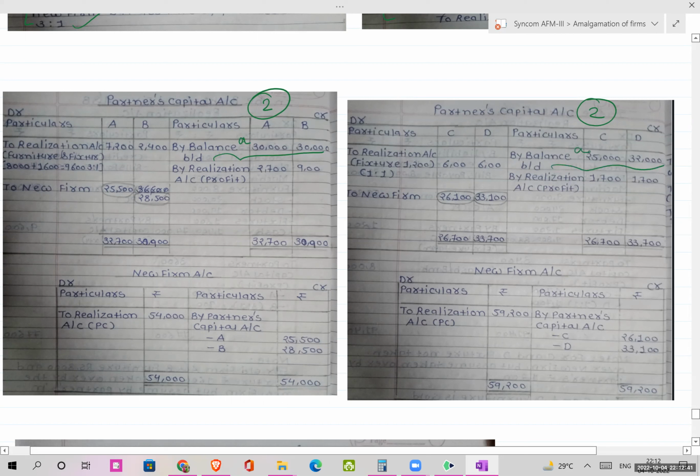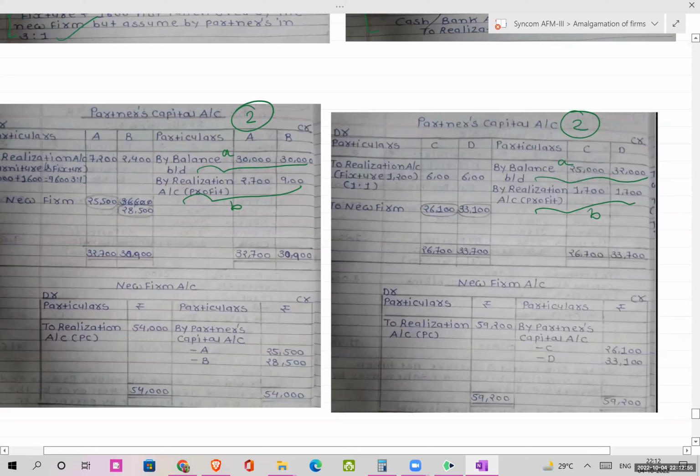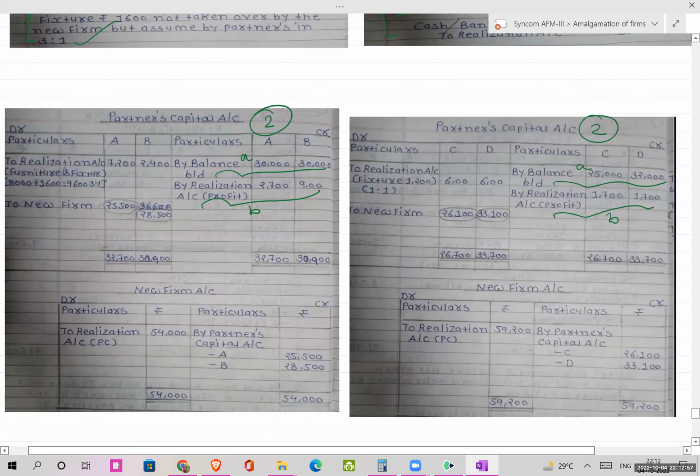Opening balance को transfer करो, correct? फिर profit on realization को transfer करो, second effect from realization account. फिर वो जो हमने assume किया था ना, partners fixtures and furnitures लेके जा रहे हैं, हाँ उसका second effect, correct? And then you will have to close the partner's capital and take it to the new firm. Okay? यहाँ भी वो fixtures लेके जा रहे हैं ना, उसको हम equal में assume कर रहे हैं, correct?